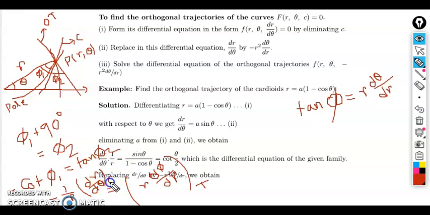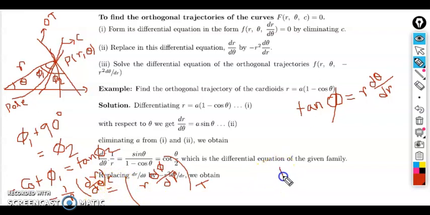So when we find the differential equation of the orthogonal trajectory, first we eliminate the given curve parameter, next differentiate with respect to theta on both sides.